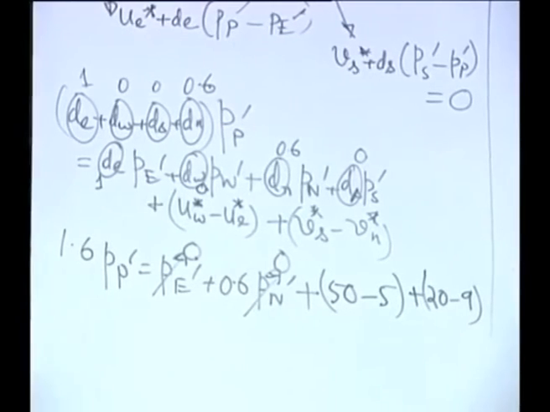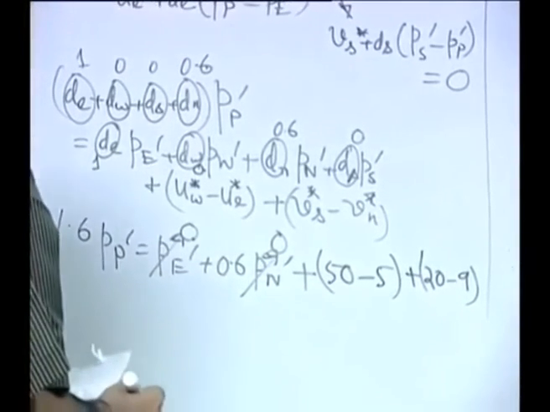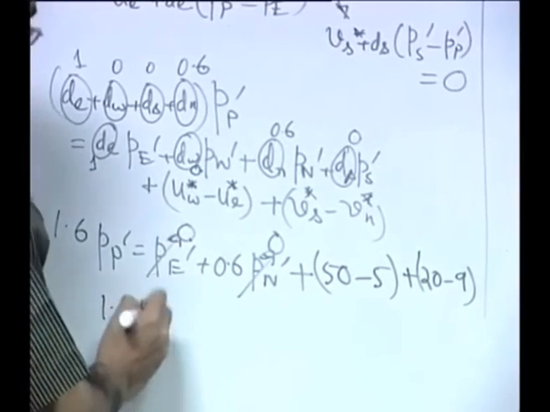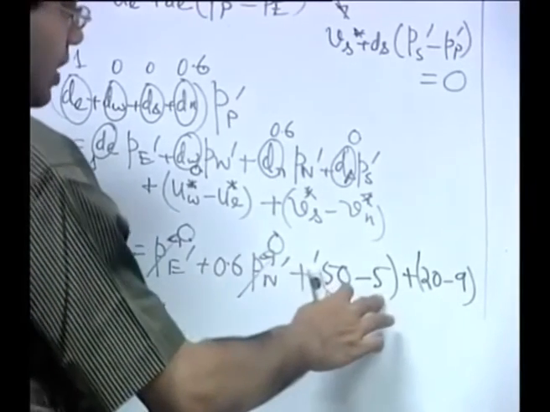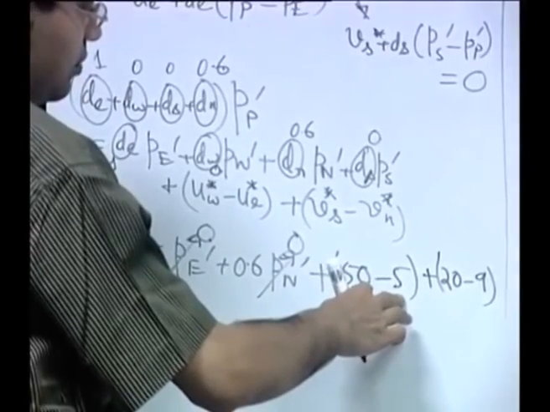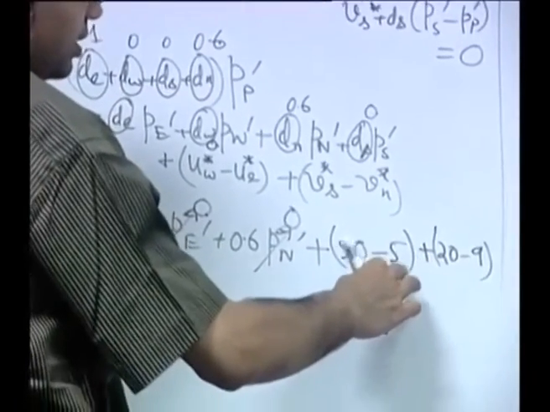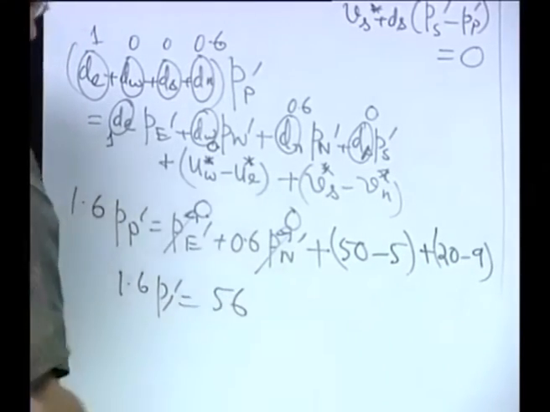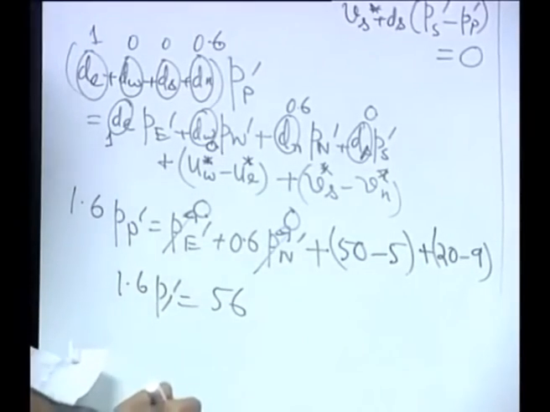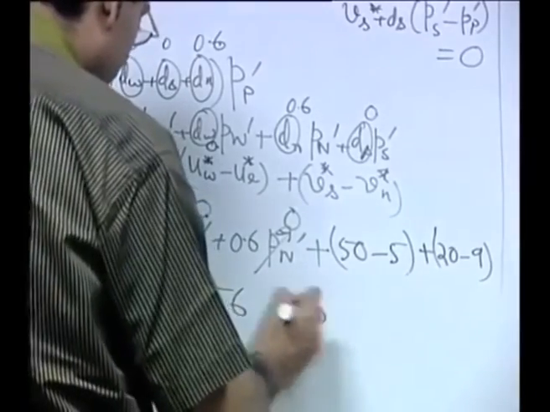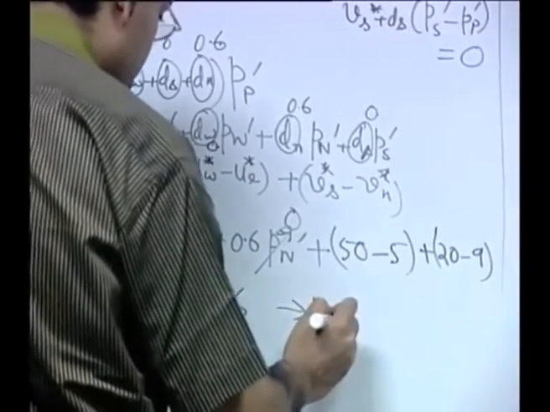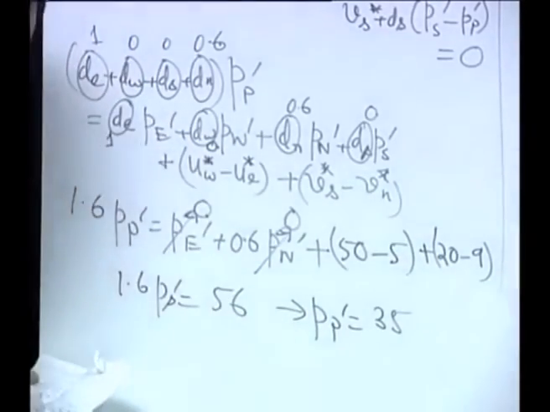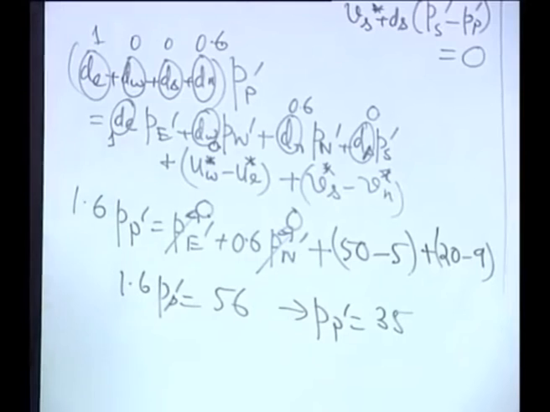So, you have 1.6 Pp prime equal to 50 minus 5, that is 45, plus 20, 65, minus 9, that is 56. So, if you solve for Pp prime, Pp prime will be equal to 35.